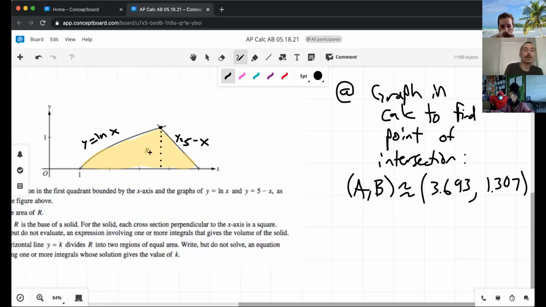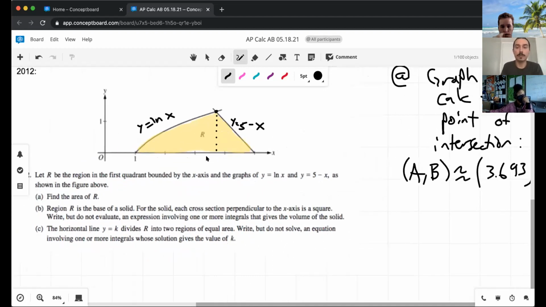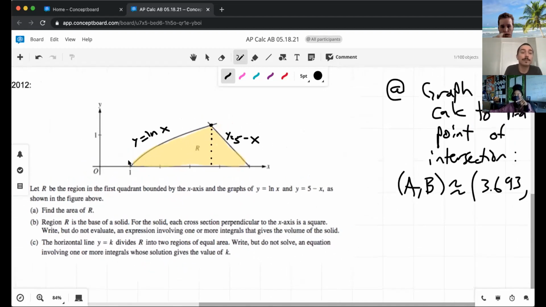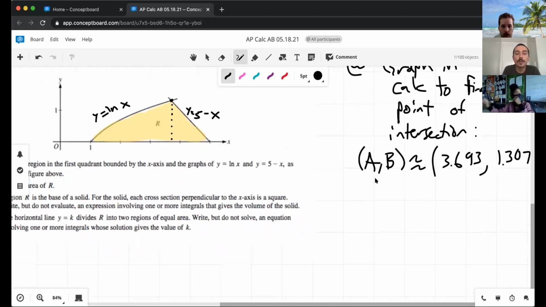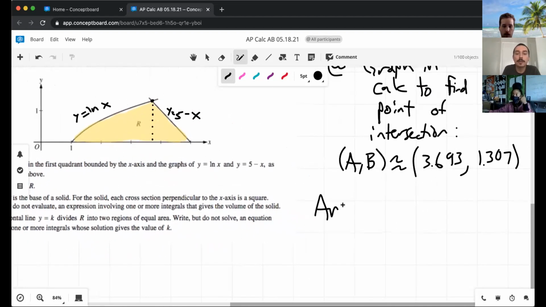Now, there's a couple ways we could do this. I'm only going to show you one way because I think the other way is more confusing than it's worth. If you're interested, we can talk about it some other time. If we want to find the area under this curve, we could write the area of R as all this integral plus all this integral.